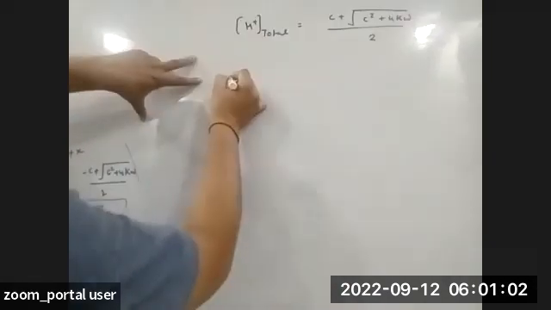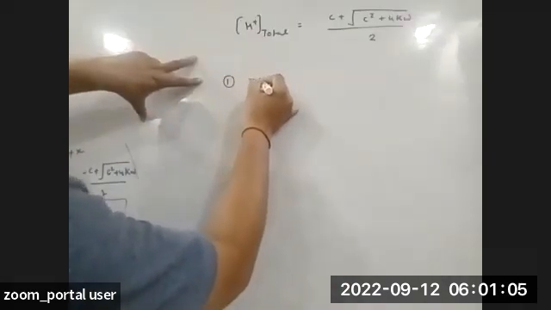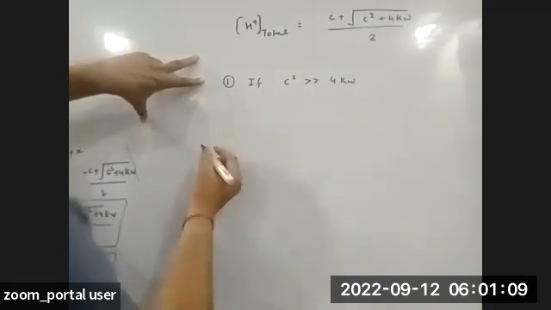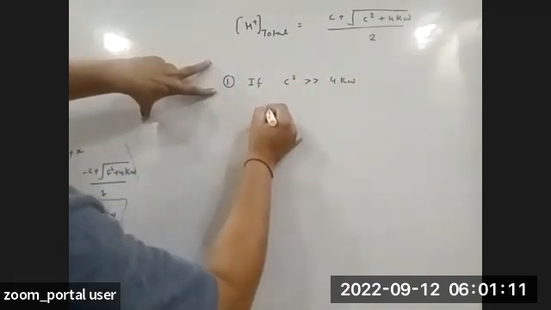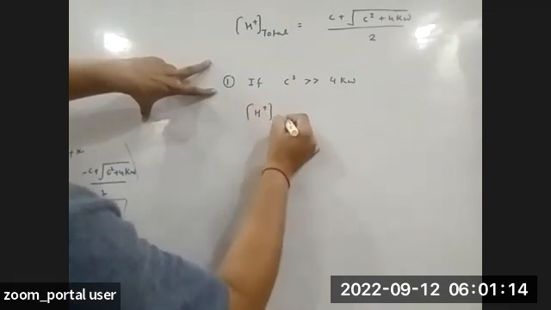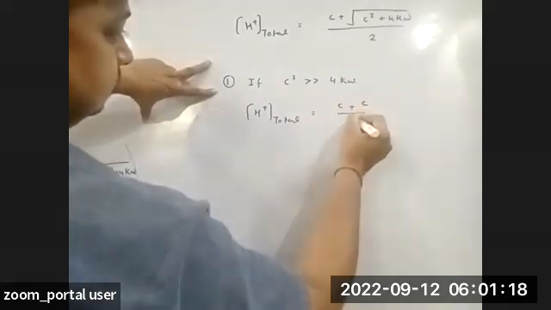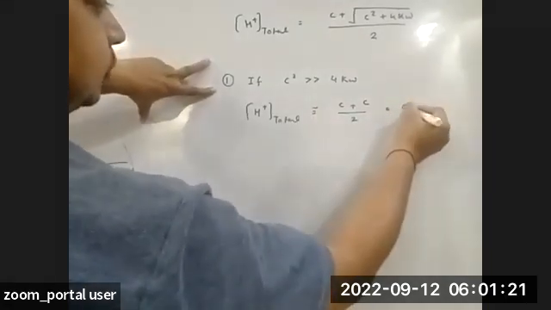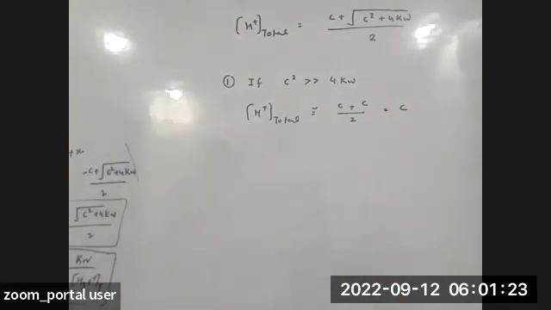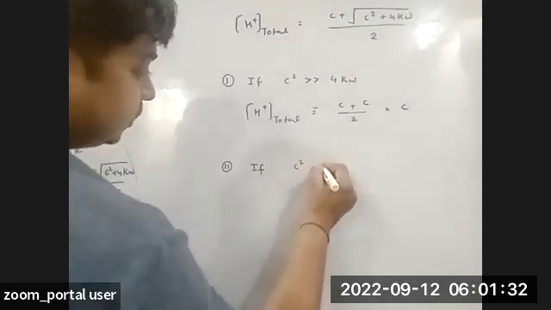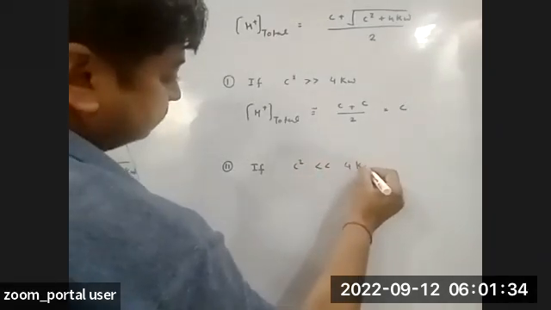Now we can have three cases. If C square is very much greater than 4 Kw, then what will be H plus total? Yes or no? This will be approximately C. Is it okay to everyone? Second, we can have C square very much less than 4 Kw.